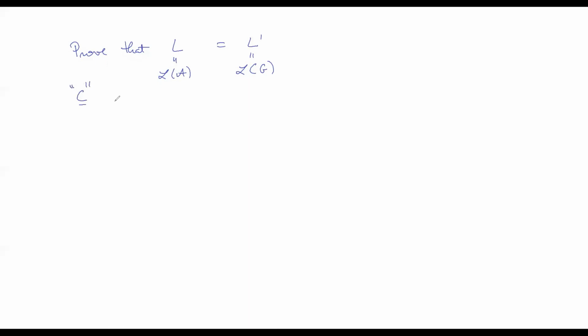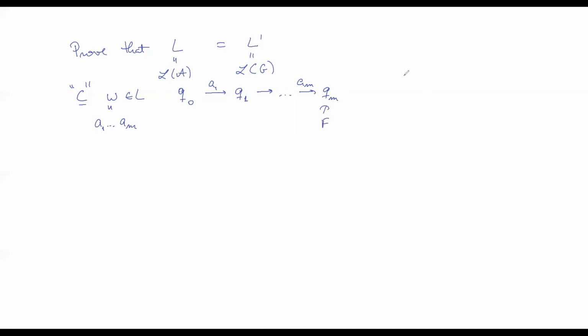If I take a word from L, so that means that it's in the language of this automaton, if W is of the form A1 all the way to AM, I'm going to show you the accepting computation. So it starts from Q0, and then with letter A1, it goes to some state Q1, and then eventually it goes to some state QM, and that's a final state.